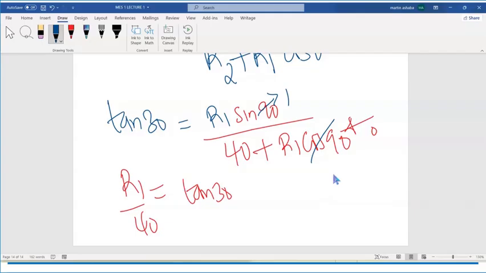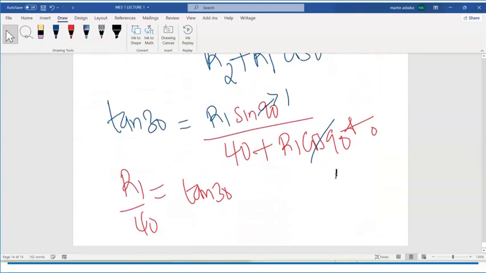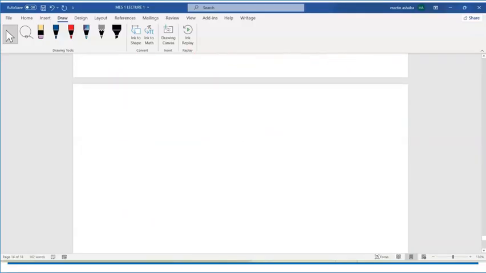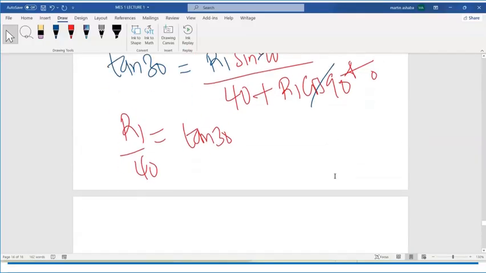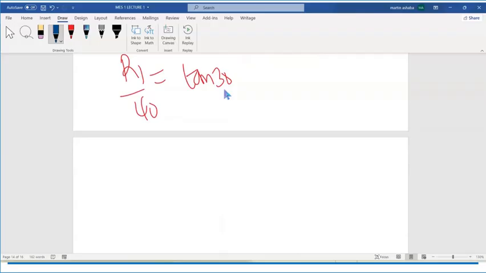So let's create more space. So here I just cross multiply and have my R1 equal to 40 tan 30.